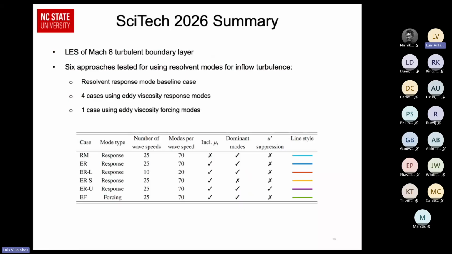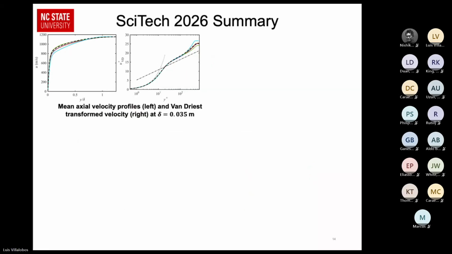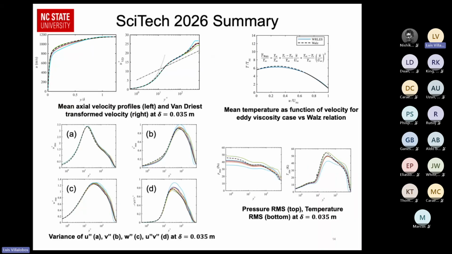So we have 6 cases that use a variety of different variations of the resolvent forcing method. What we see is that for our first and second order statistics, they tend to agree fairly well. The curves that differ a lot, which are the light blue and the light green curves, are not using the eddy viscosity response modes, which is what our formulation currently uses.